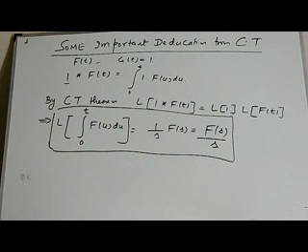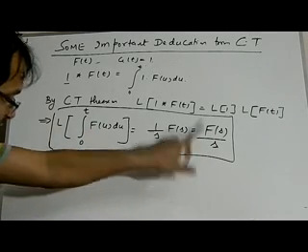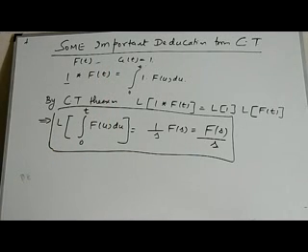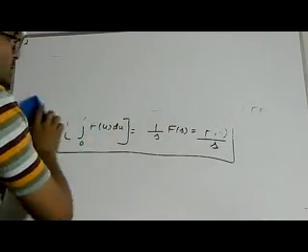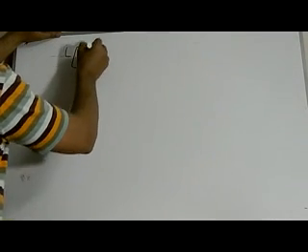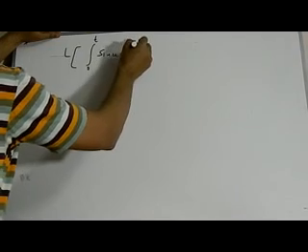What this result is saying is that the Laplace of an integral is nothing but you first get the Laplace of the function and divide this result by s. For example, suppose somebody asks you, what is the Laplace of the integral 0 to t of sin u du?